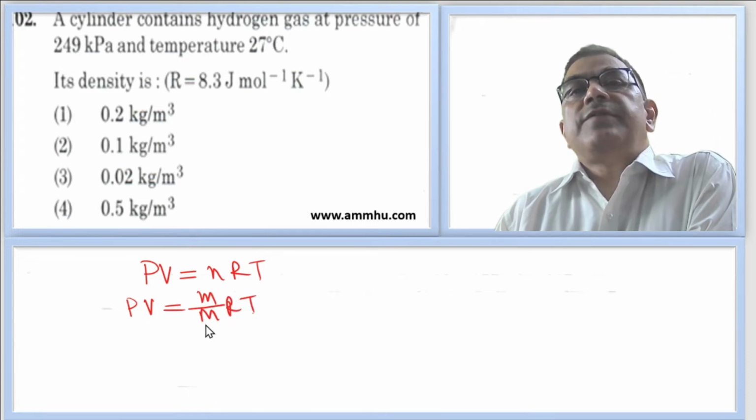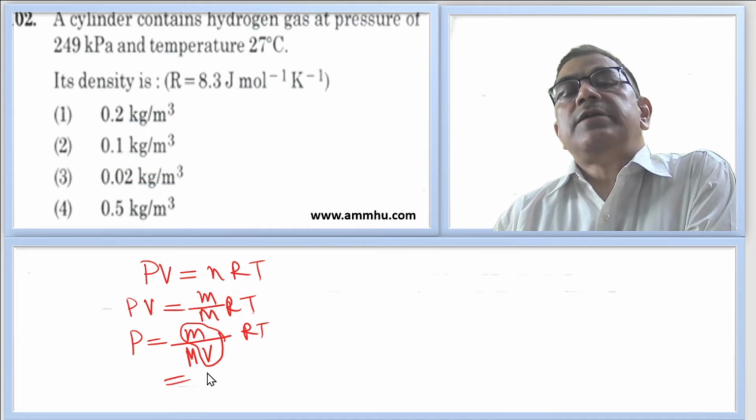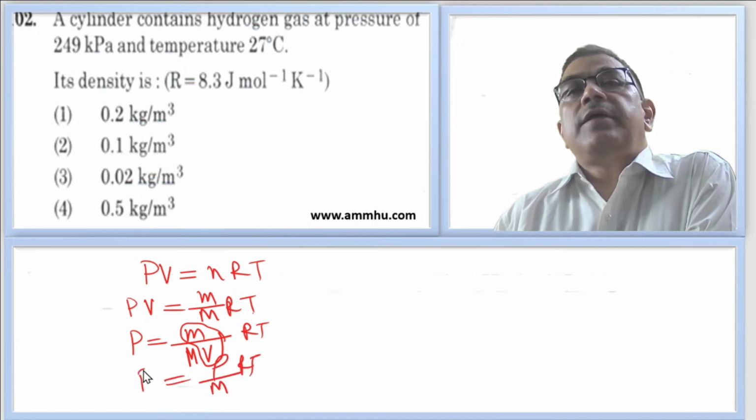M is the mass of the gas, capital M happens to be the molar mass, so P is equal to M by capital M times V, RT, and this M by V can be rewritten as rho, the density, by capital M, RT. Is that right?